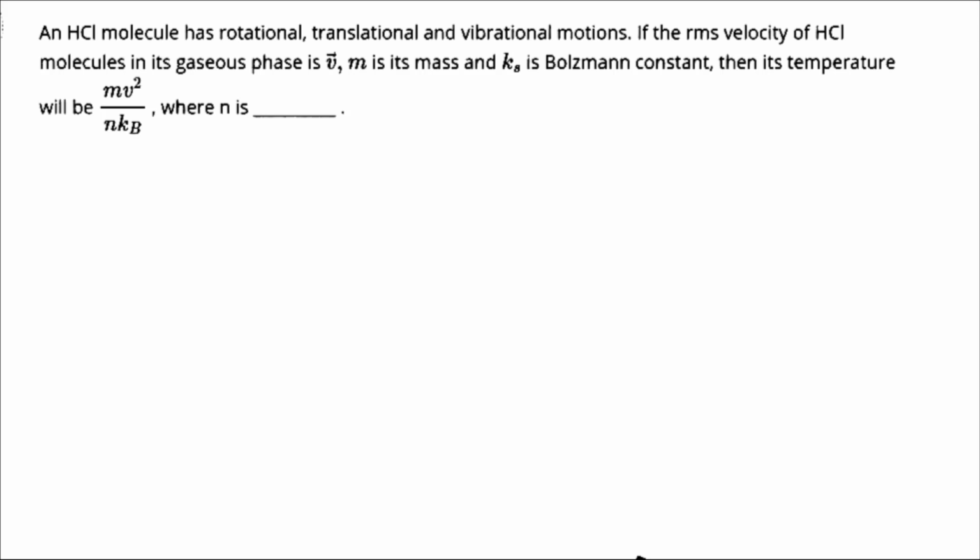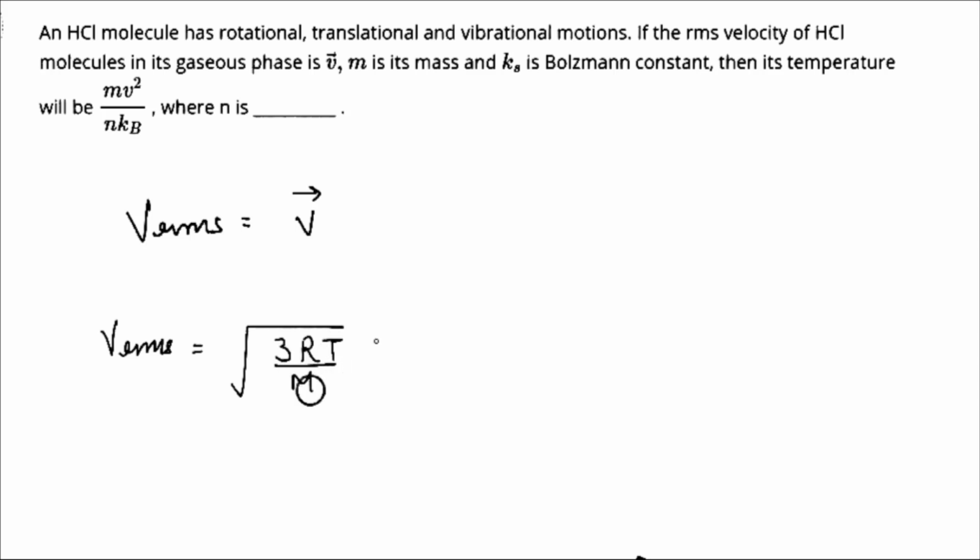We have to find the value of n in this expression. So let's suppose this is our HCl molecule and the value of Vrms for this molecule is given to us, that is V bar. We know the formula for calculating Vrms: it equals under root of 3RT divided by m, or we can write it as under root of 3 Kb T divided by m.